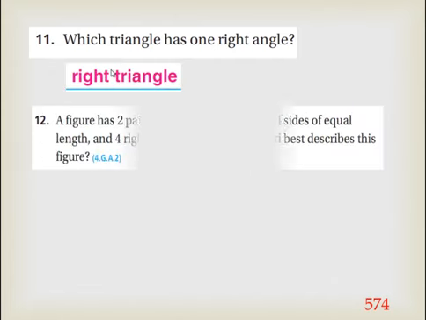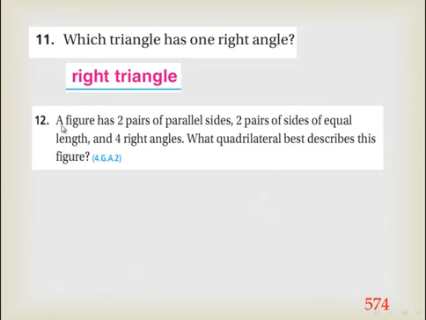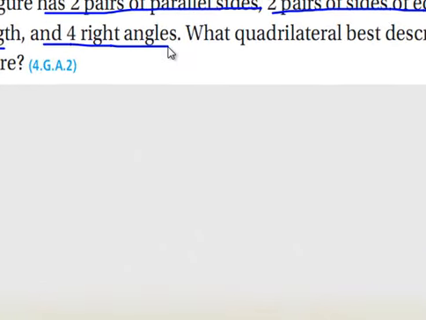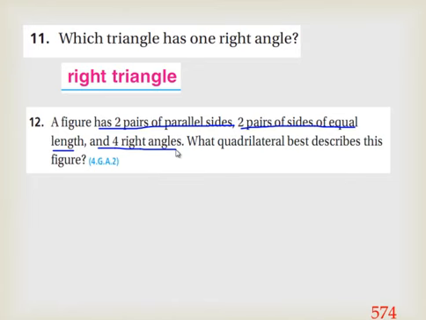Let's see question number 12. A figure has two pairs of parallel sides, two pairs of sides of equal length, and four right angles. It's important information now. Four right angles.